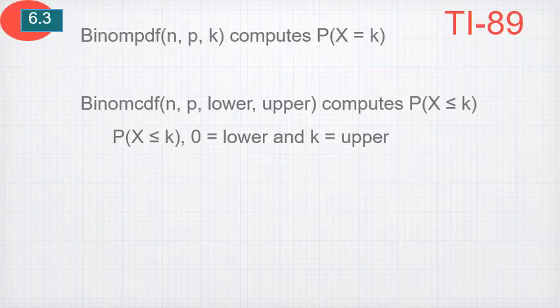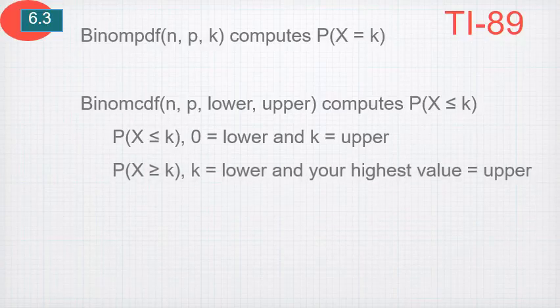So remember, when you have less than or equal to k, 0 is your lower and k is your upper bound. But if you have greater than or equal to k, k would be your lower and your highest value would be your upper bound. It depends on what you're given, so you have to actually think about what the problem is to be able to answer this.